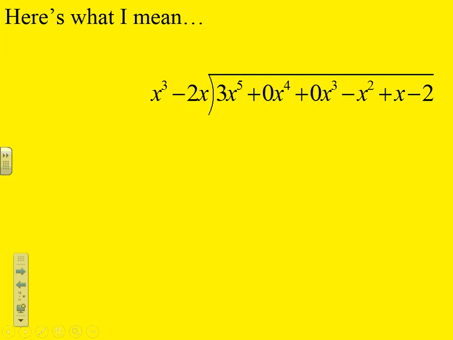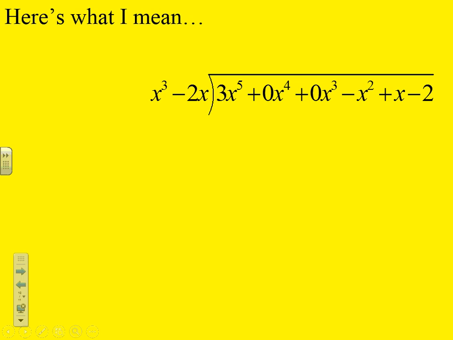So because x to the 4th is not represented in the dividend, we put 0x to the 4th here. Same thing with 0x to the 3rd power. We have to have those placeholders in there because sometimes when we do our division, we'll get an exponent that uses that number, and we have to make sure that as we do all of our division, all of the exponent values line up from top to bottom as we do all of our work.